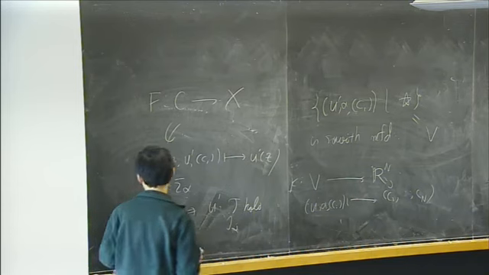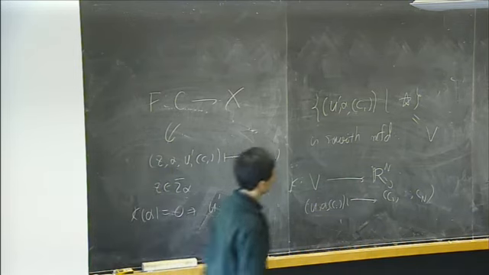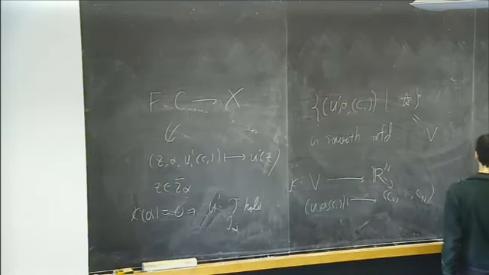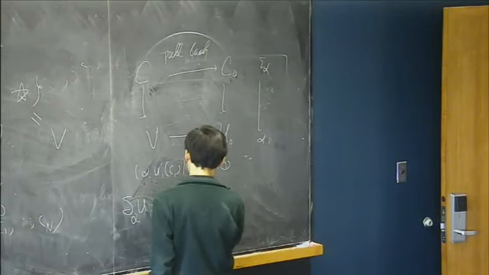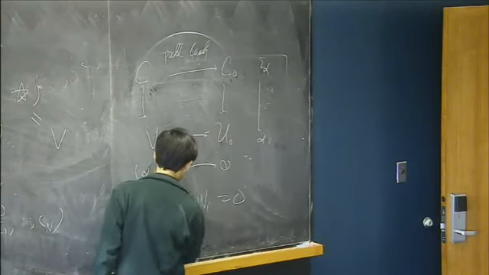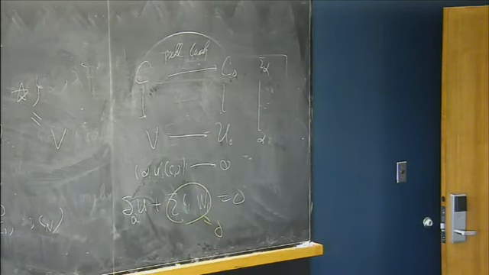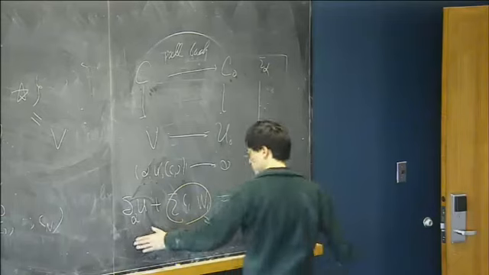I'm sorry, I always misunderstood. If kappa alpha is 0, then by assumption, what we know is just the d bar of U alpha plus sigma Ci Wi is 0, but this guy is actually 0 because Ci is kappa. So if this is 0, then this is an honest holomorphic map.